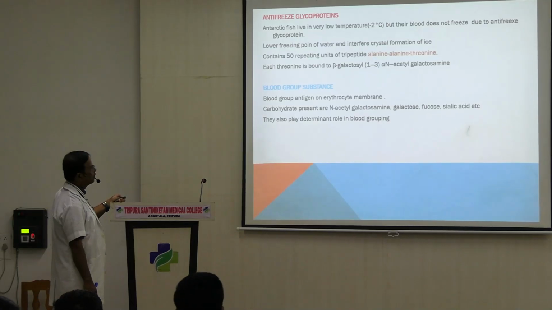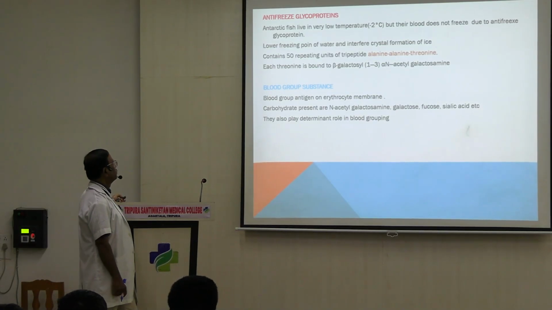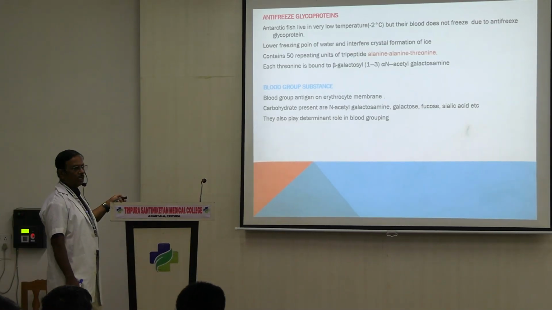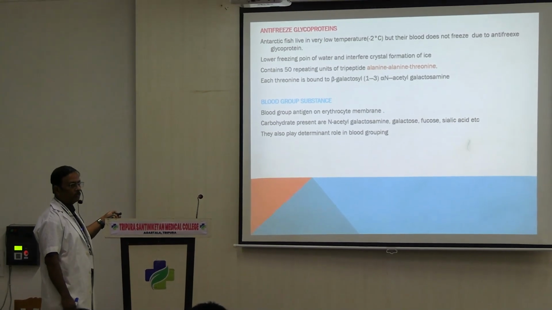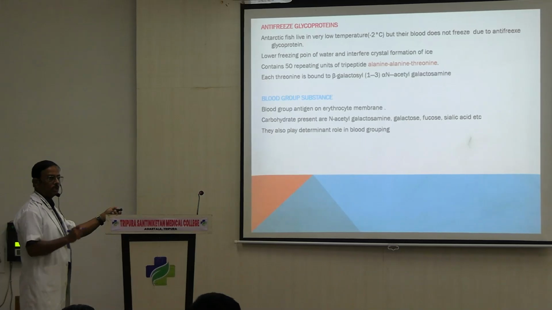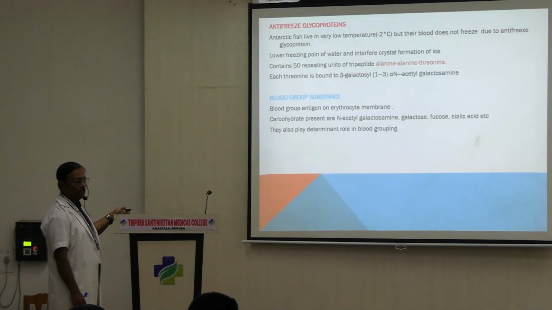Antifreeze glycoproteins in Antarctic fish. They have to live at about minus 2 degrees centigrade. So there is a possibility of freezing of the body fluid and lipid. But due to this antifreeze glycoprotein, it does not happen.